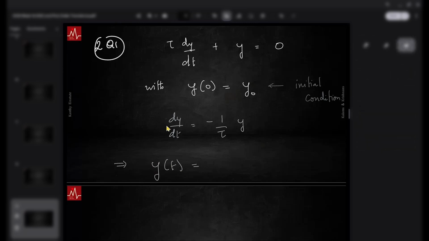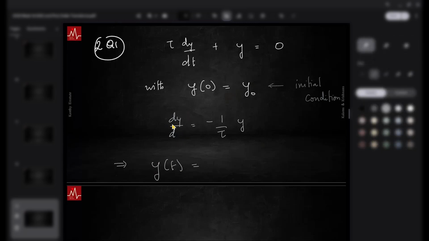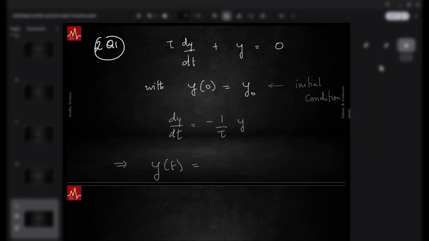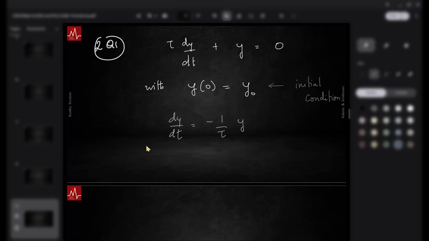Again, we know first order system. Let me put this in English. Let's see if we can recognize that.